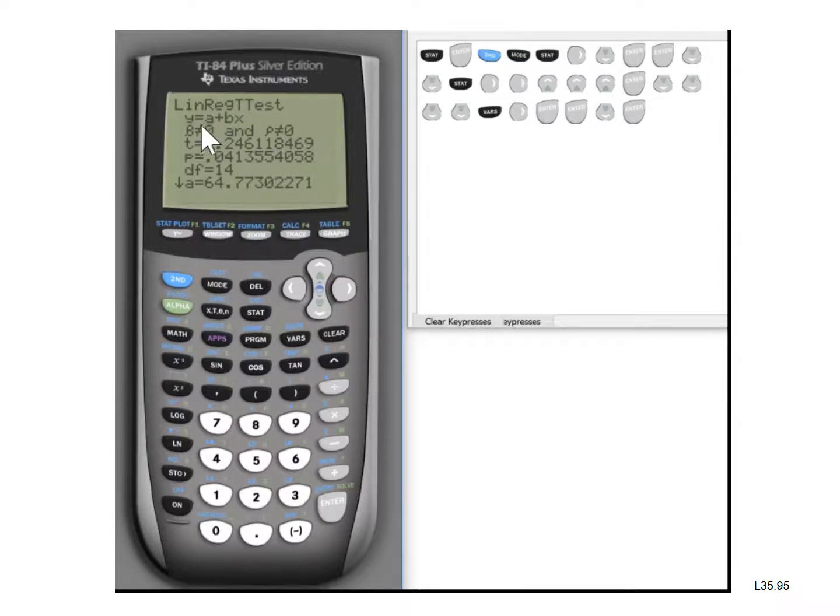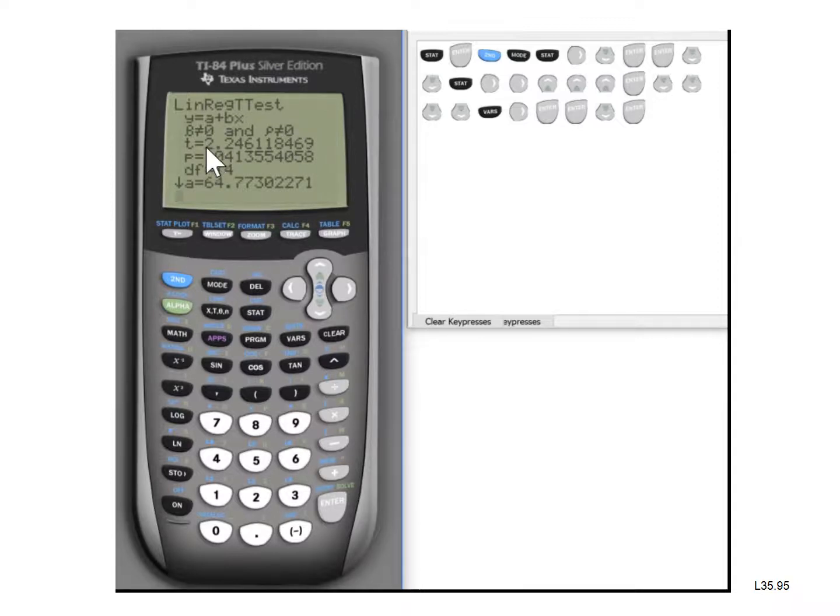So here's what we get. The form of the equation is y equals a plus bx. Here's our alternate hypothesis. Remember, beta is the slope in the population, rho is the correlation coefficient in the population. I don't think we've seen that yet. Regardless, remember the alternate hypothesis can be framed in both ways, that the slope is not 0, and that r is not 0.